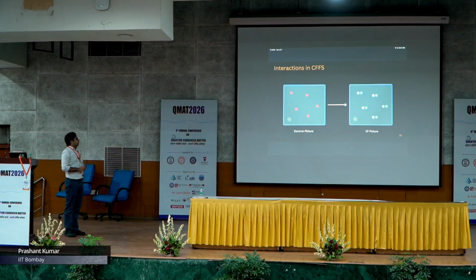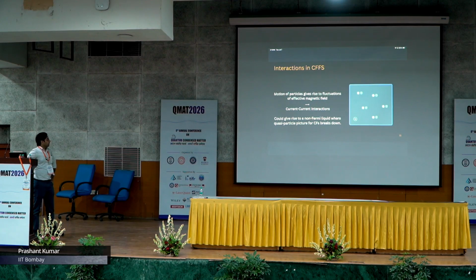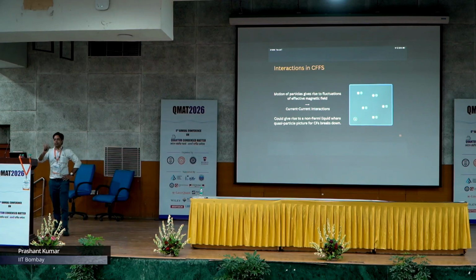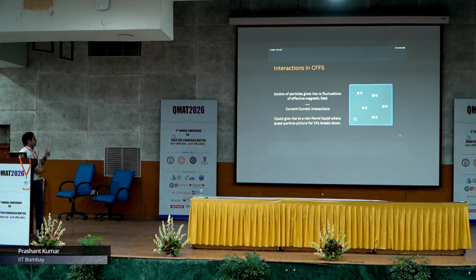But now suppose these composite fermions move. Now if they move, roughly analogous to the Biot-Savart law, you are going to give rise to magnetic field coming from the composite fermions. And this will ultimately lead to some fluctuating effective magnetic field, and that gives rise to current interactions between these particles.